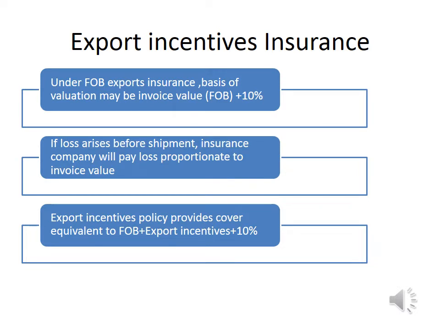So in such cases, it is quite possible that a person can take the export incentive policy, which provides cover that will be something like this: equivalent to FOB plus the export incentives I'm going to lose if I'm not exporting. Maybe 10% is also added. There is another school of thought that FOB, being a conclusive price on board, takes care of all the expenses.